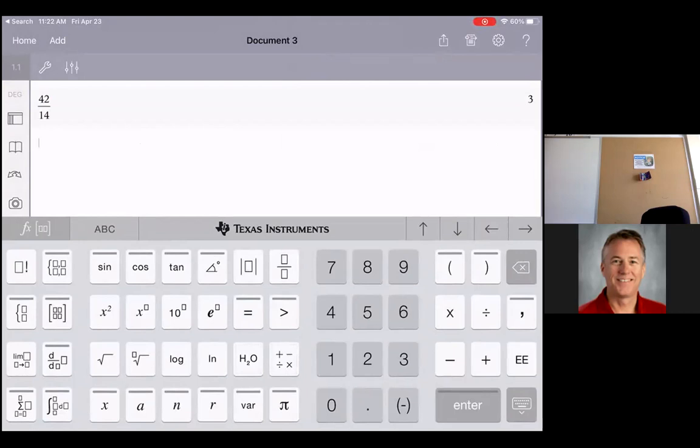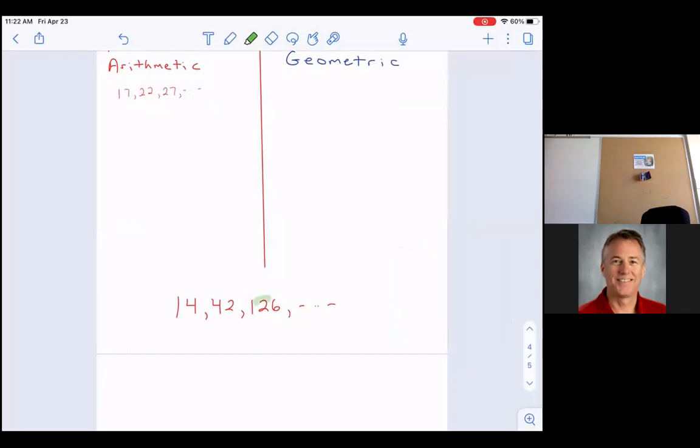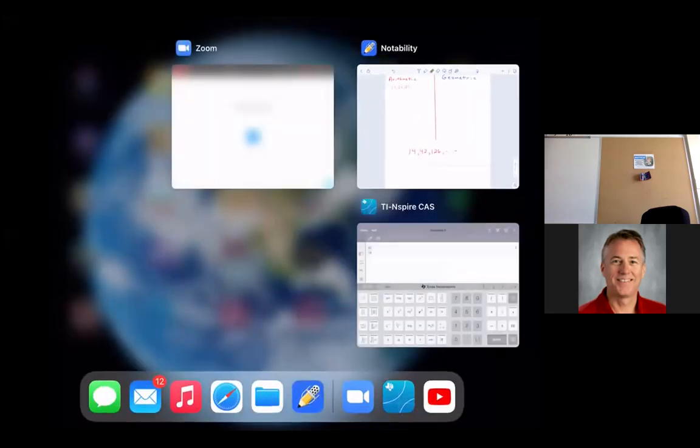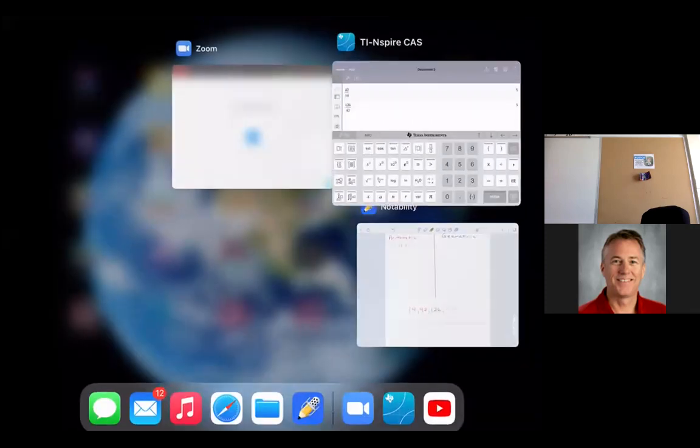But I have to check to make sure that when I do the next one, 126 divided by 42, I also get 3. You have to get the same thing each time. So I'll do 126 divided by 42, and it is 3. Because I got the same thing, that means that it is a geometric sequence.